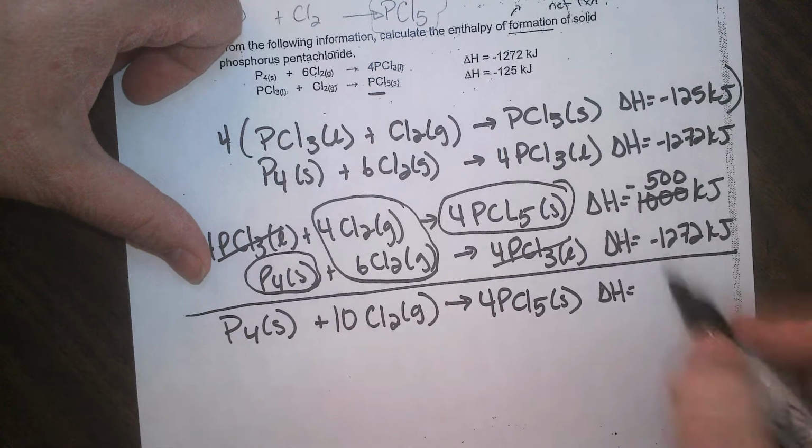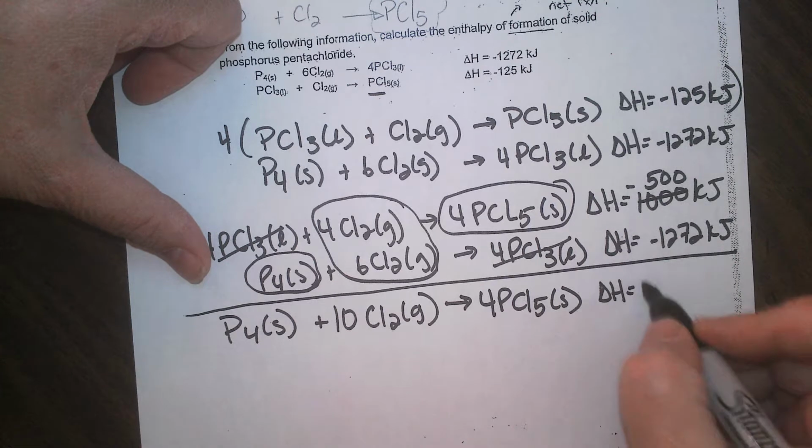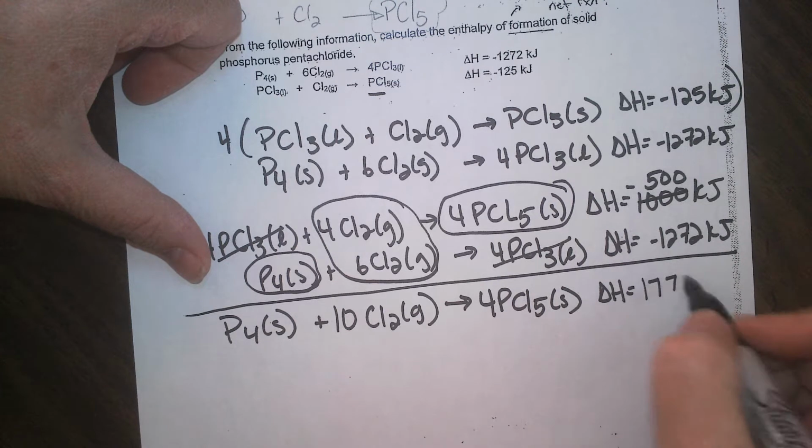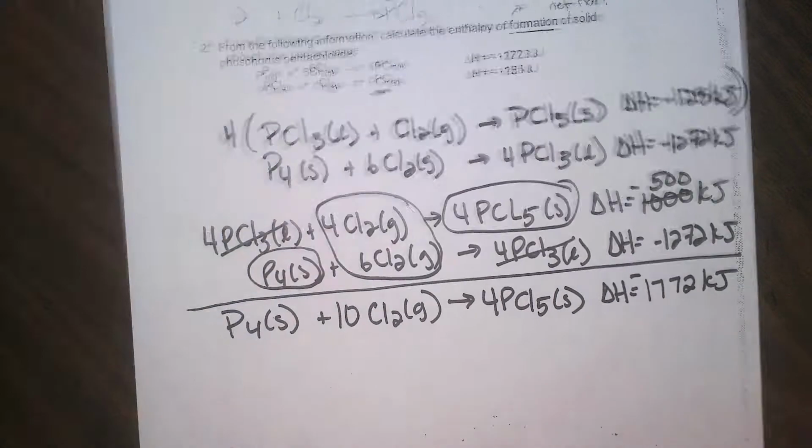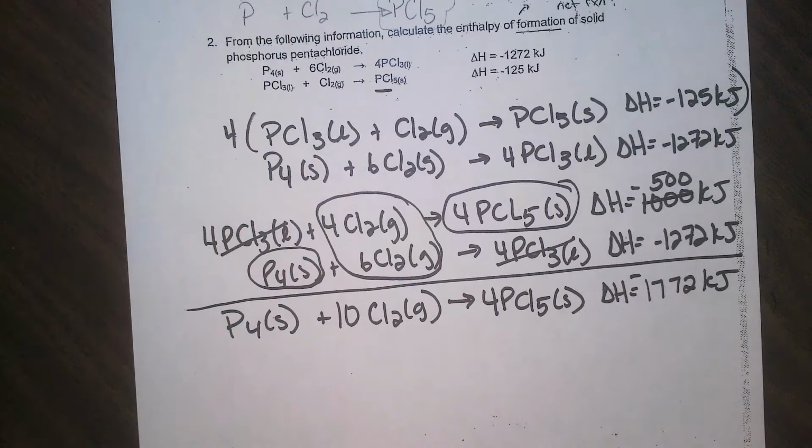With a delta H that equals what? Right, because I add negative 500 plus negative 1272.